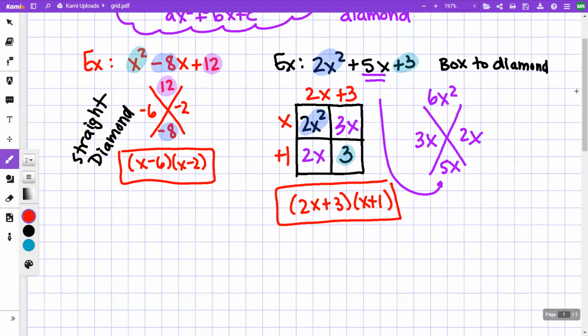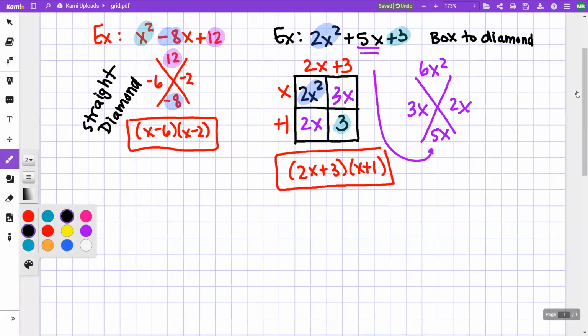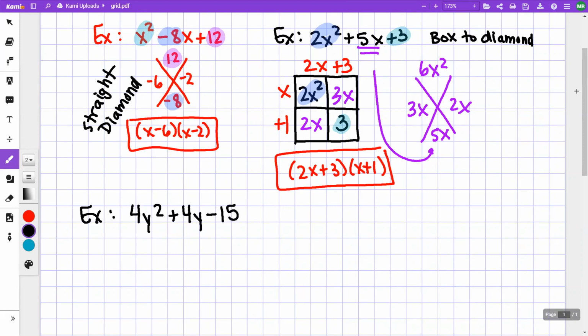Okay, so let's try another one. So let's say, for example, I have 4y squared plus 4y minus 15.